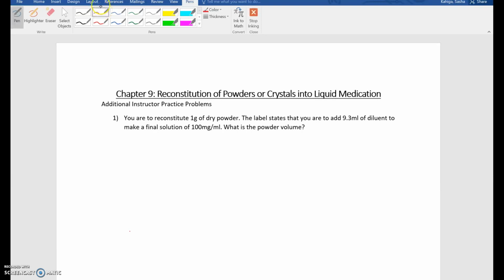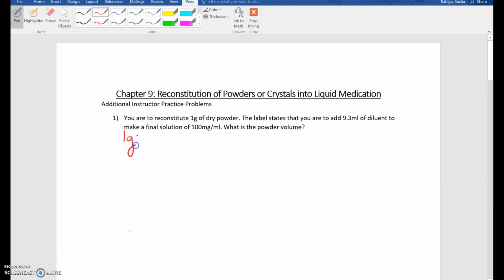Number one reads that you are to reconstitute 1 gram of dry powder. The label states that you are to add 9.3 milliliters of diluent to make a final solution of 100 milligrams per milliliter. What is the powder volume? First things first, you're going to pull out these numbers and identify each of them.